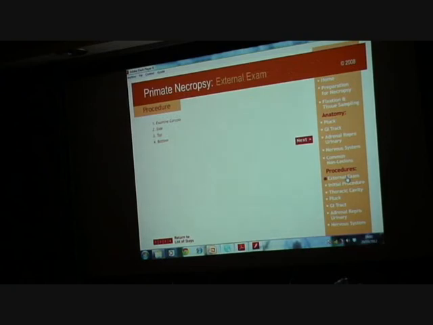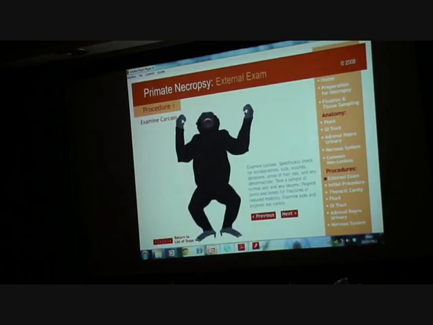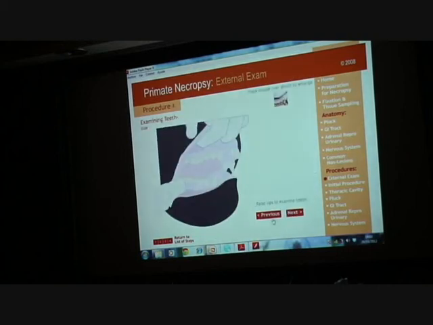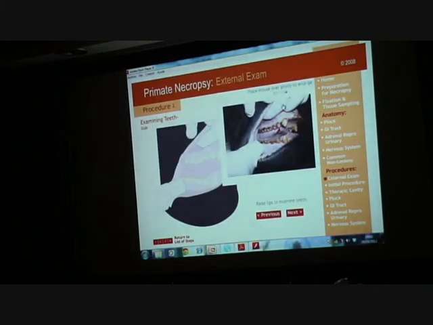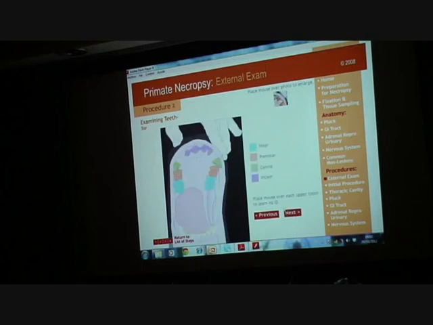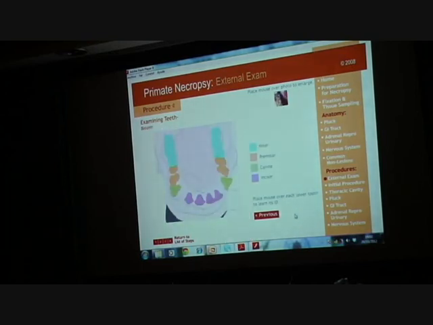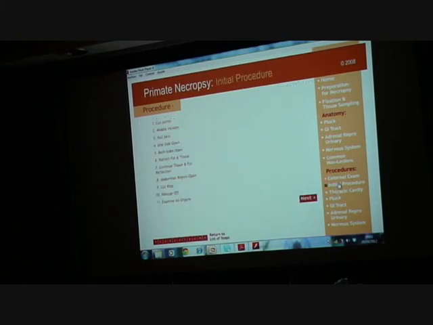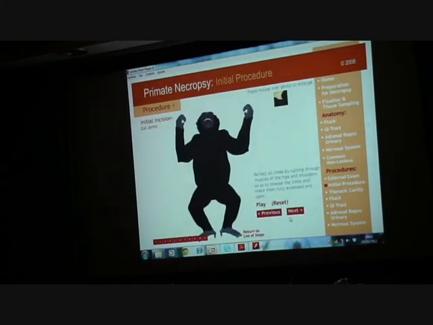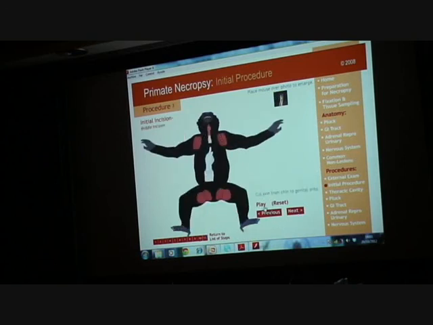So you've got an external examination, and then you can look around, check the teeth, you've got photographs there, there's animation, so it helps that you have this information, okay? Obviously. Initial procedure, cut the joints, how do you do that? Cut through there, next, okay? Sorry. Basic stuff, but it goes in a point-by-point way.